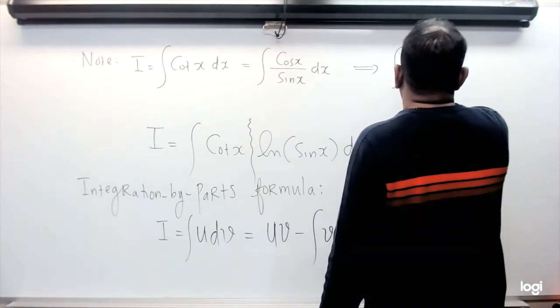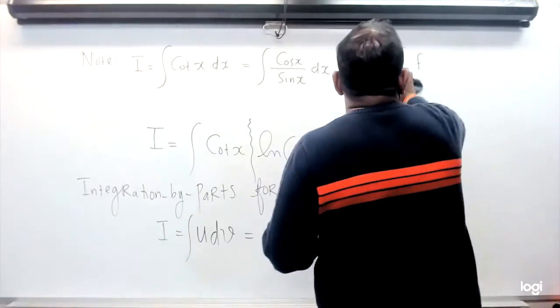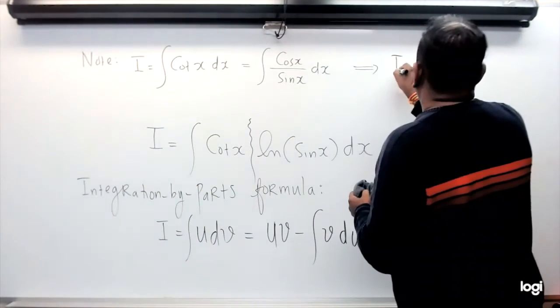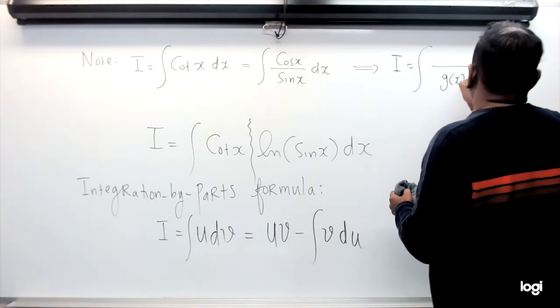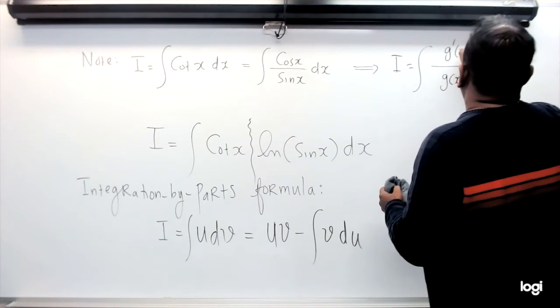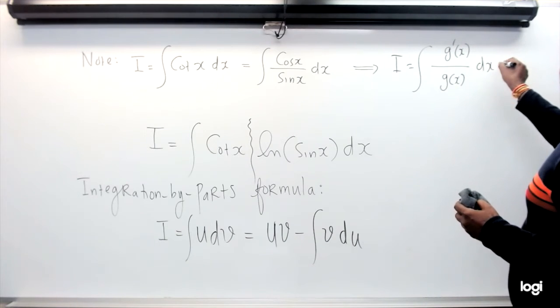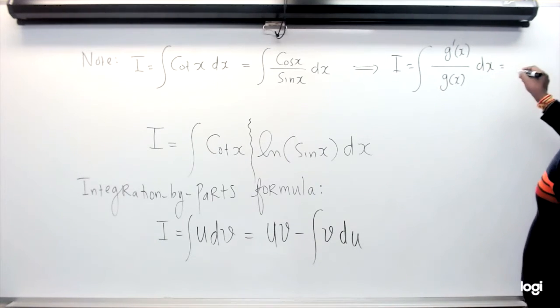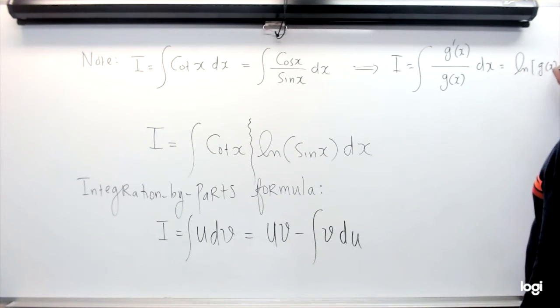If you have a g of x here, its derivative on the top, and you don't have a power here, power has to be 1, then you get ln g x plus c.